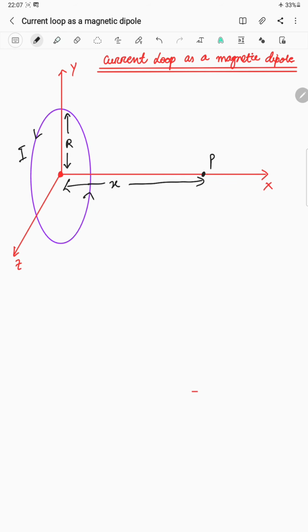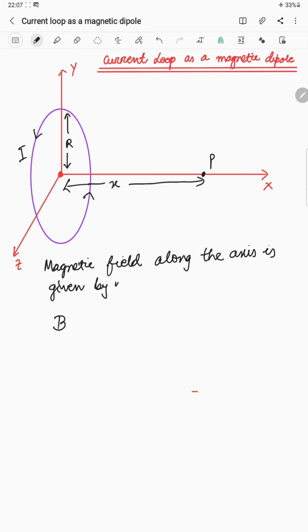Now at point P we need to calculate the magnetic field, and we have already discussed this derivation. The magnetic field along the axis is given by B equals mu naught I r square divided by 2 times (x square plus r square) to the power 3 by 2.